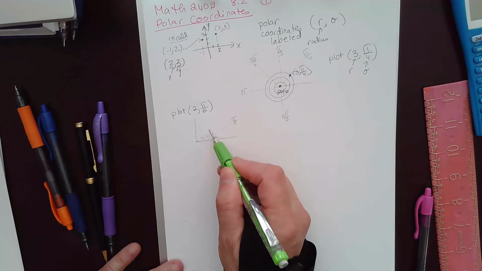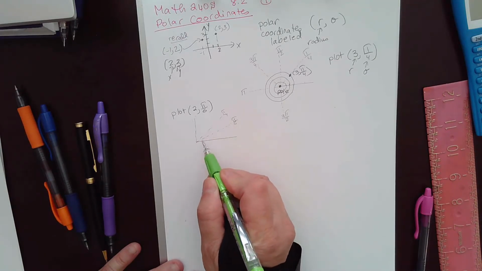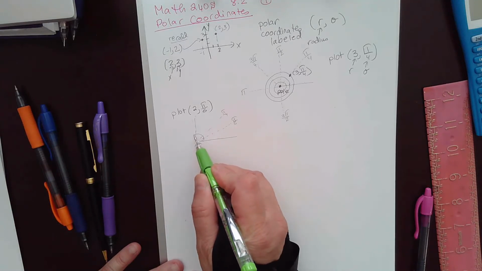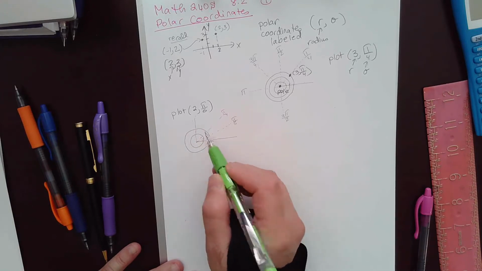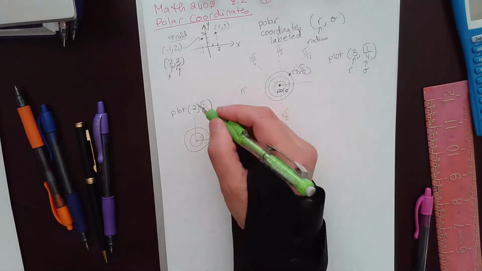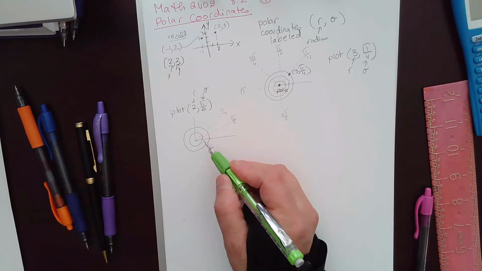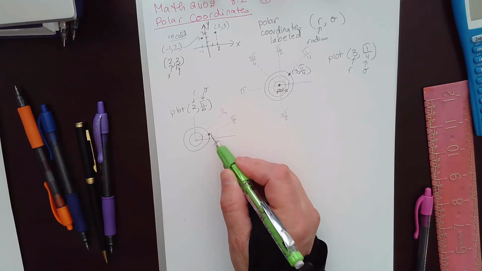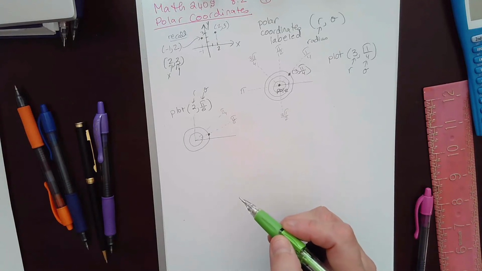And you have the first radius, the second. So r is 2 and theta is pi over 6. So here's pi over 6 and here's 2. That's a point right here. Okay.